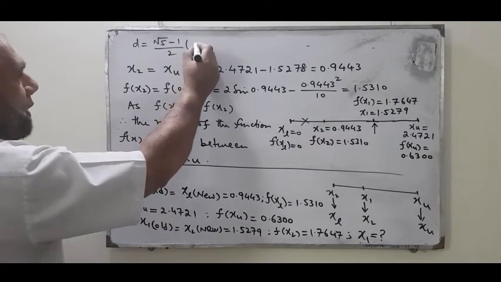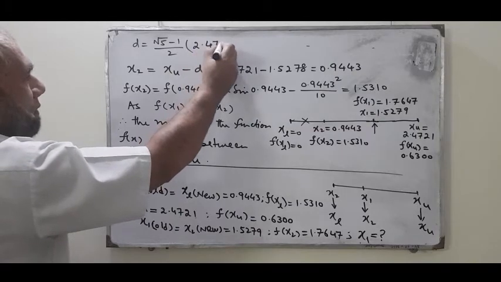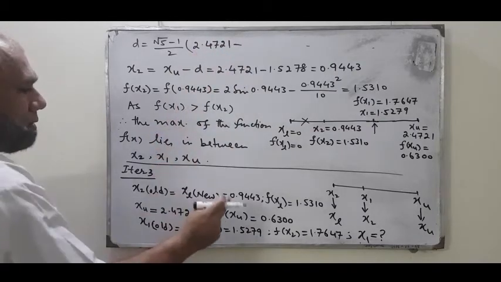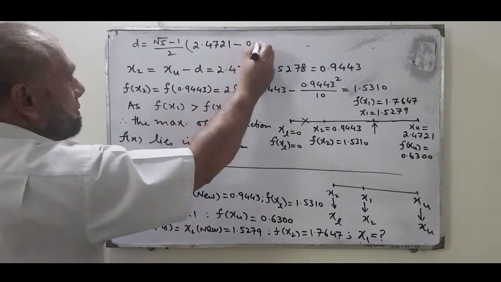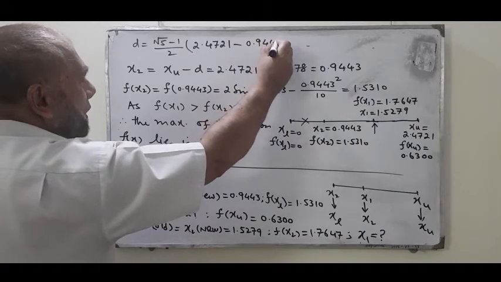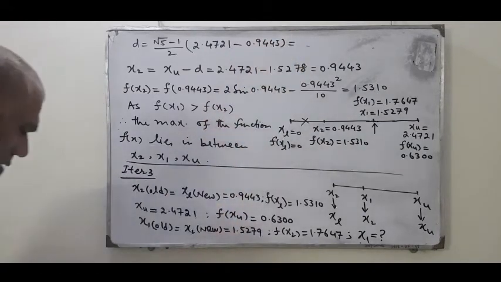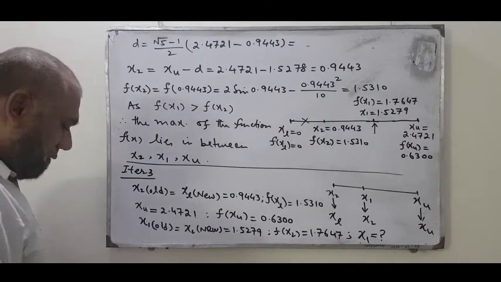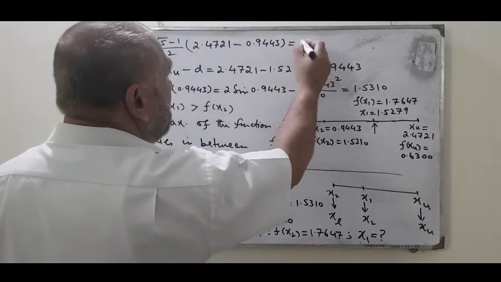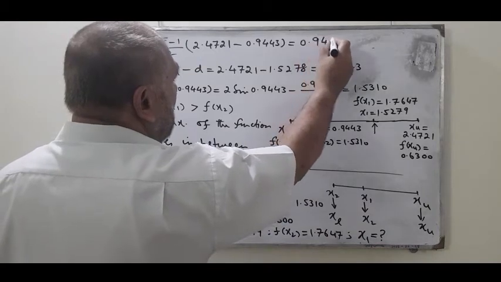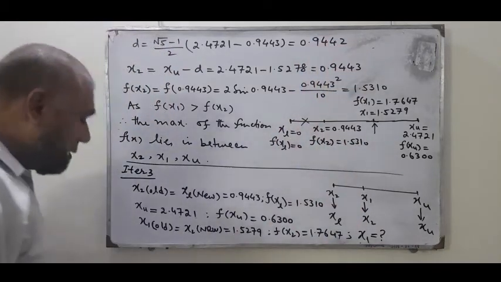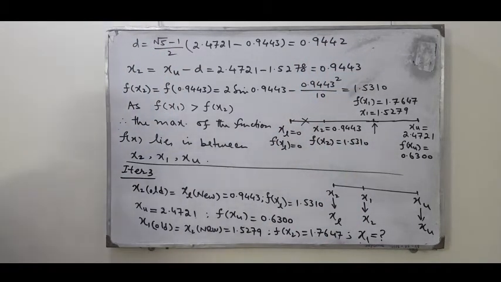Upper limit is 2.4721 and the lower limit is 0.9443, and on taking the difference you will have the value 0.9442. So this is your d.